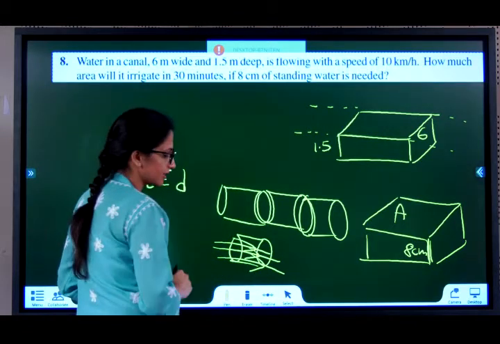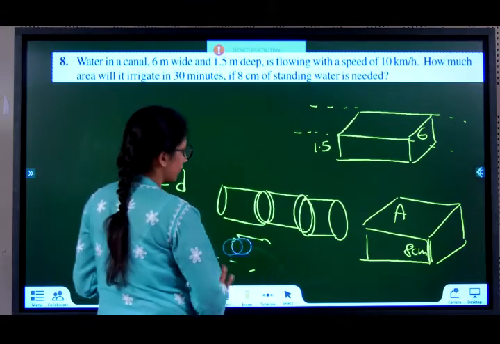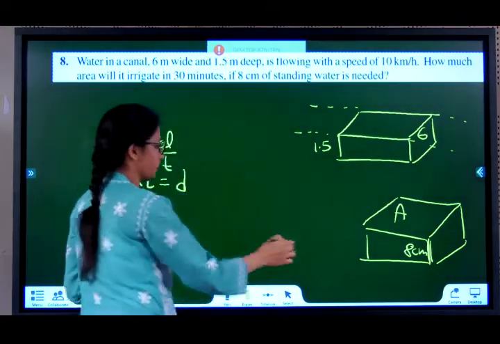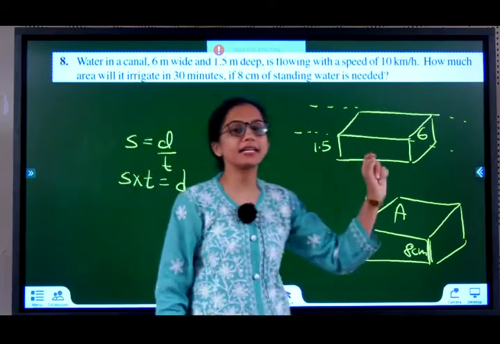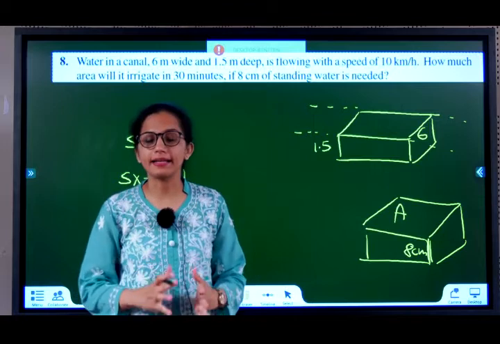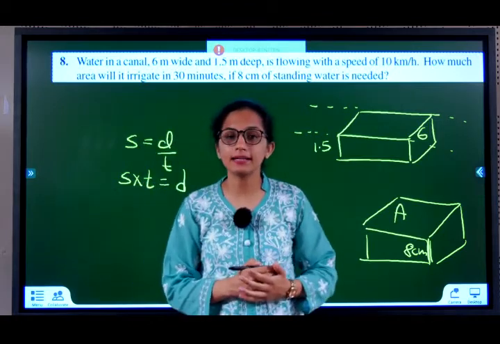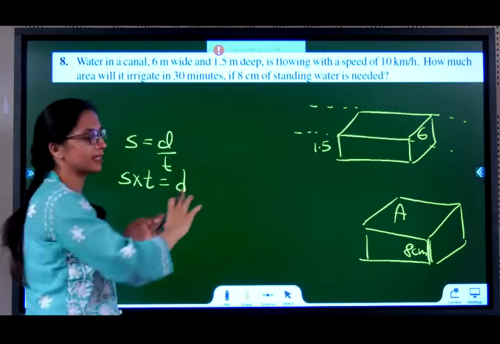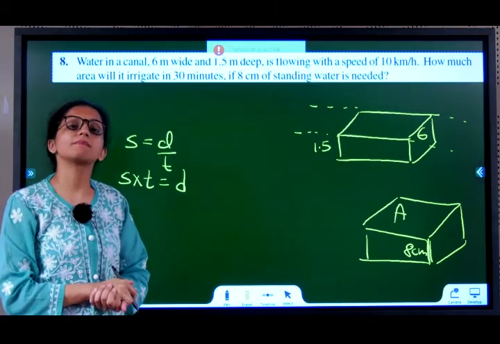If it's confusing, just understand one thing. In canal problems, if they give you the speed and the time, we take the apparent length, which is the length of the canal in our normal numerical, to be equal to speed into time.